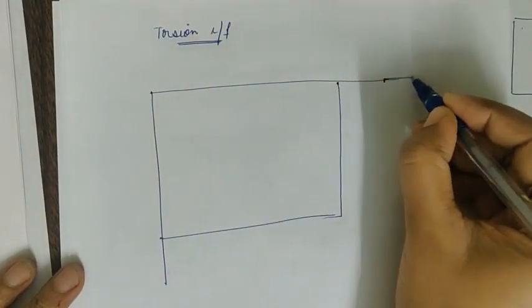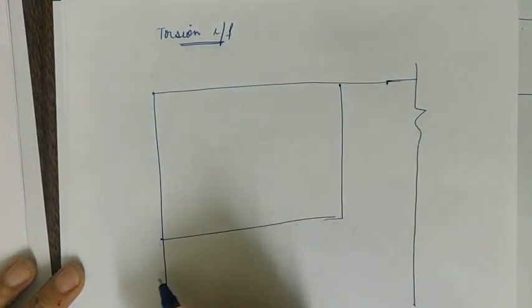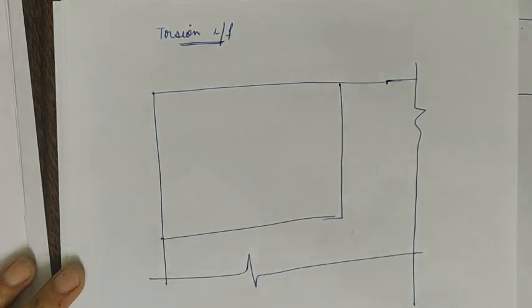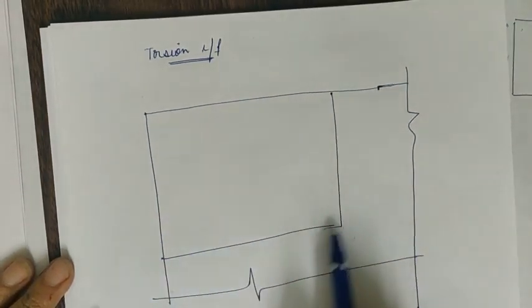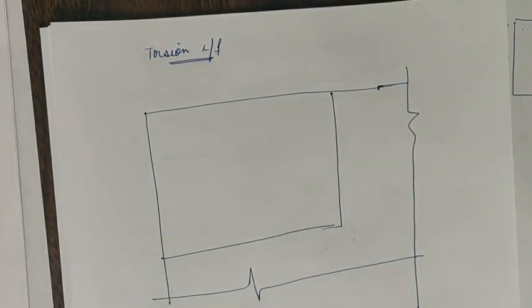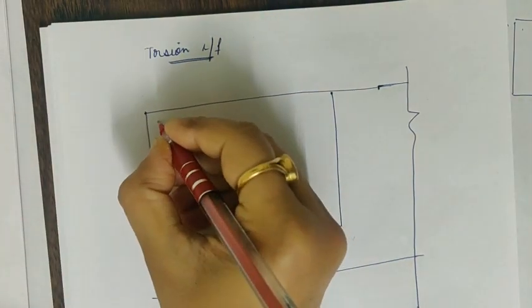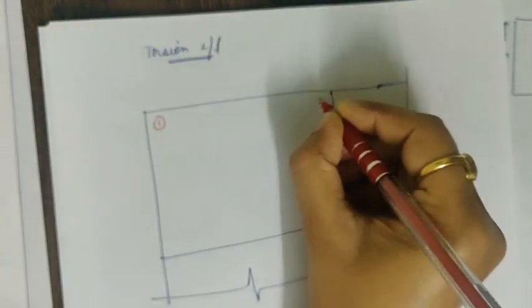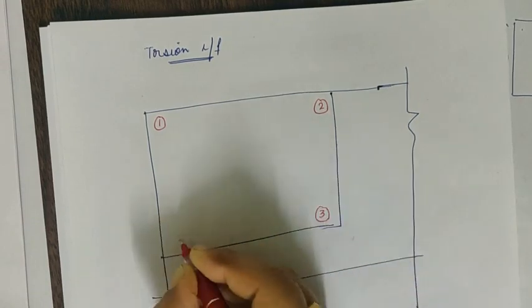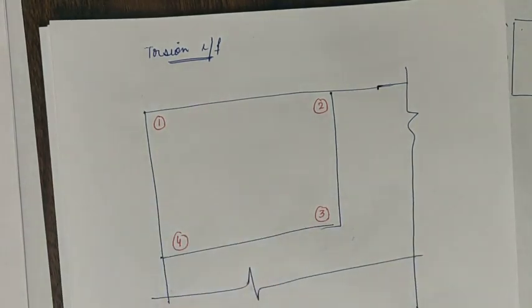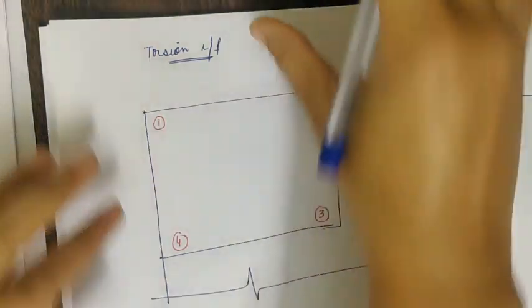Okay? And this slab was continuous on this side. It was continuous on this side. Now, this particular slab has 4 corners. Corner number 1, corner number 2, corner 3 and corner 4.